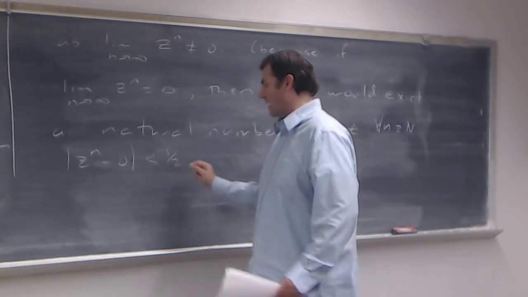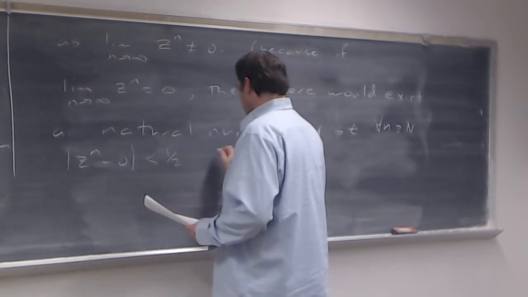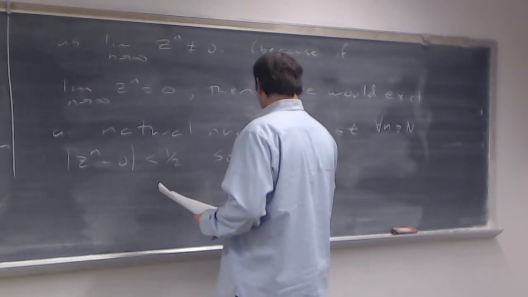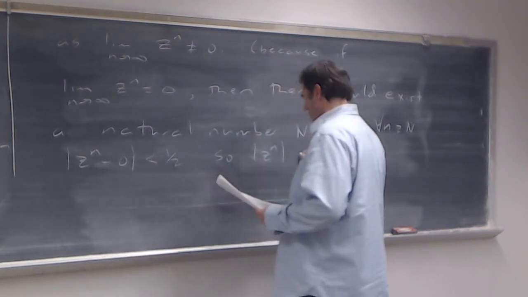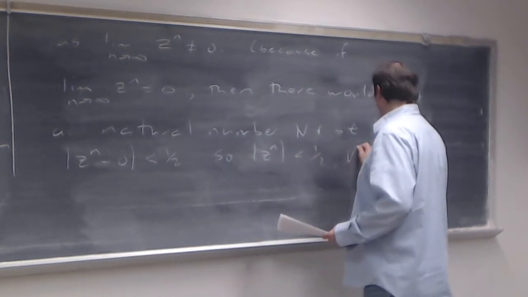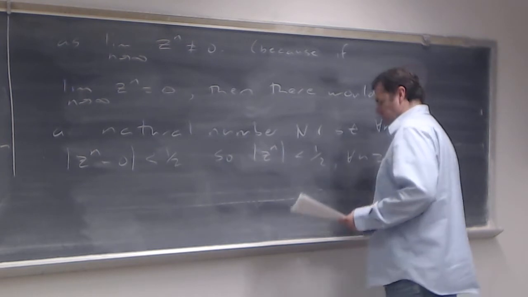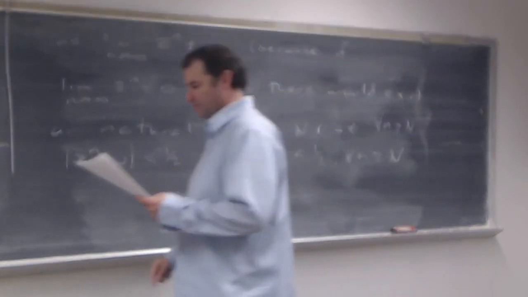Now I'm going to pick 1/2. So that would mean that the norm or absolute value of z sub n will be less than 1/2 for all n bigger than or equal to this big natural number N.